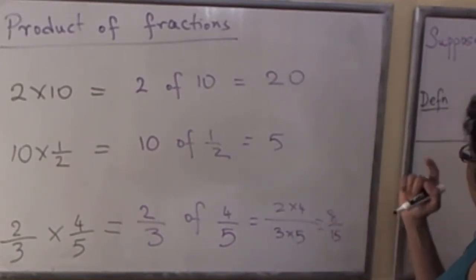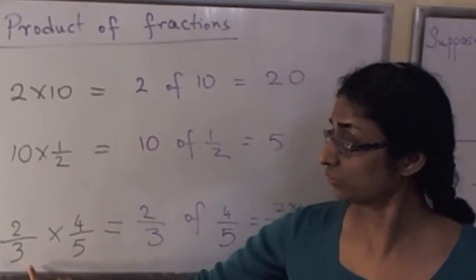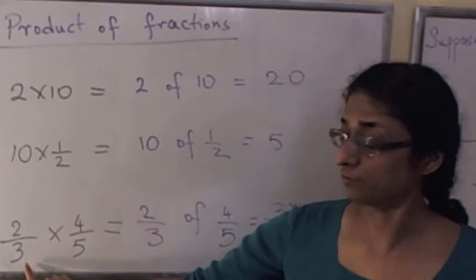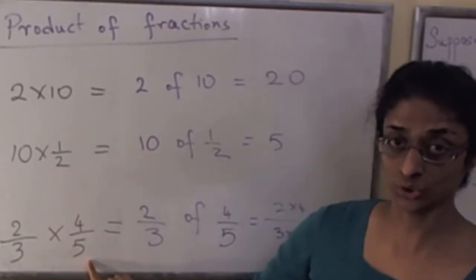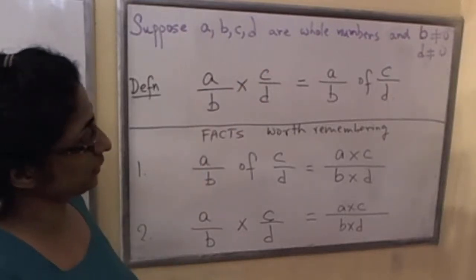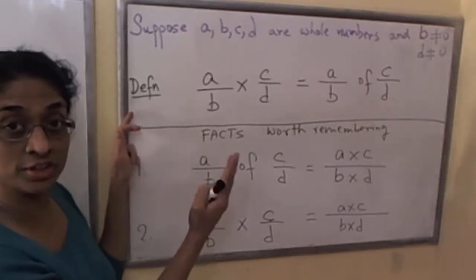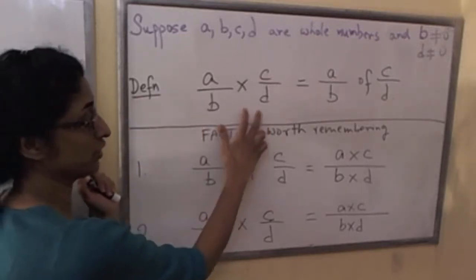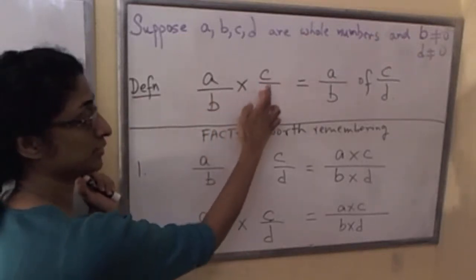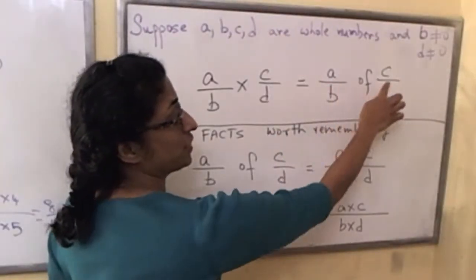So now let's summarize this and write a definition for a fraction multiplied by a fraction using letters. Suppose a, b, c, d are whole numbers and b and d are not equal to 0. So here's the definition of what it means to multiply 2 fractions: a over b times c over d by definition means a over b of c over d.